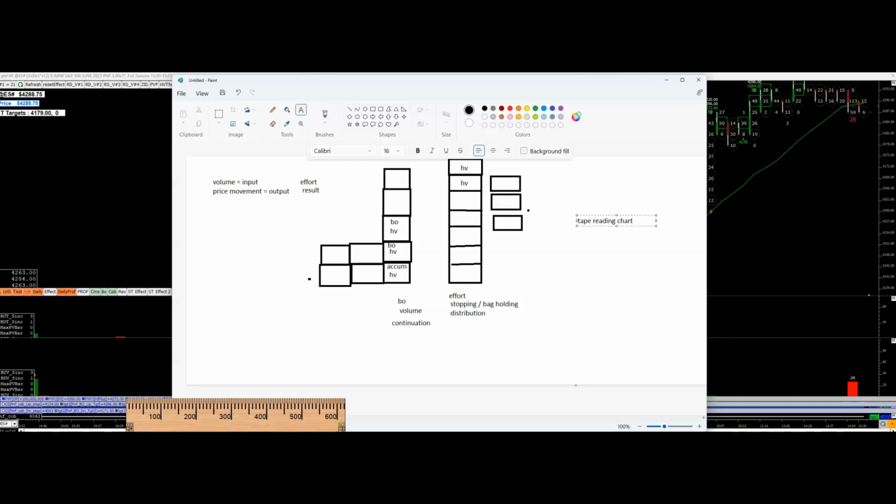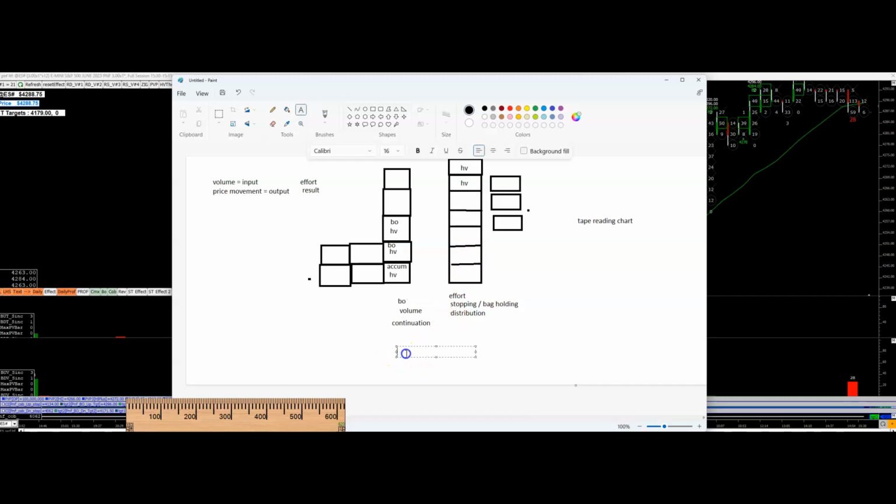This is what you must understand, and with this, you're equipped to read the tape reading chart with these two behaviors. This is on the up waves, meaning in the uptrend. You have breakout, and then you have effort. And in the downtrend, what do you think you're going to have?